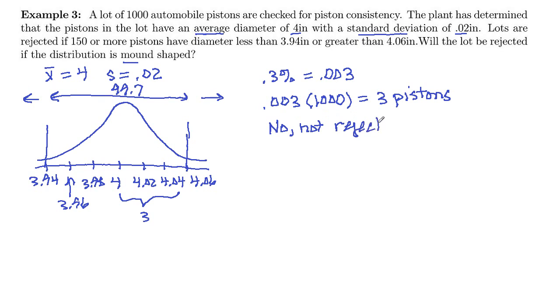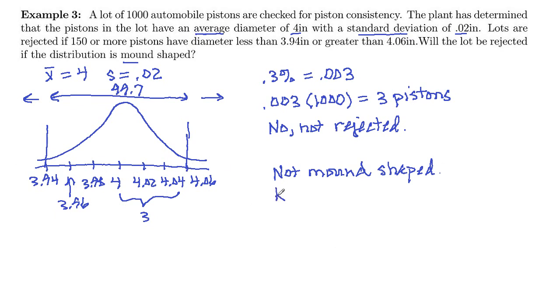Now, what if we knew nothing about the distribution? Okay, so if it's not mound-shaped, then that's a different question. So if it's not mound-shaped, then we have to use Chebyshev's rule, and we're asking what is the amount that is beyond 3 standard deviations.